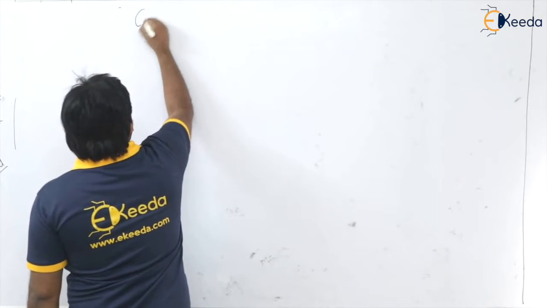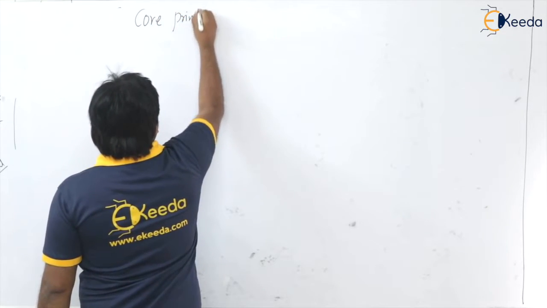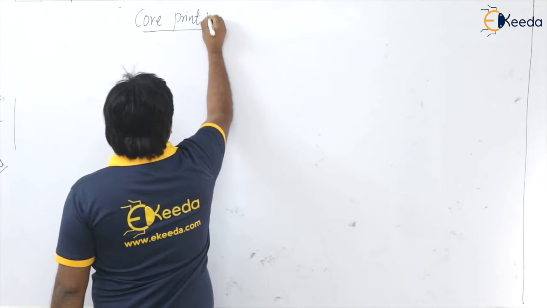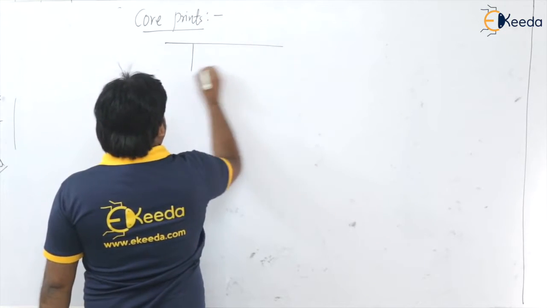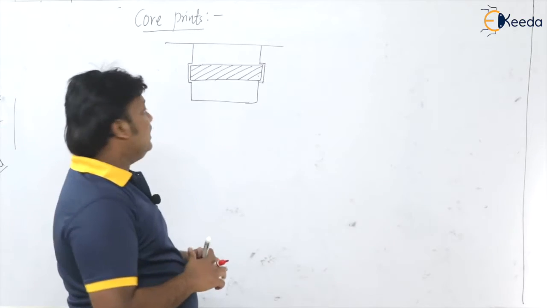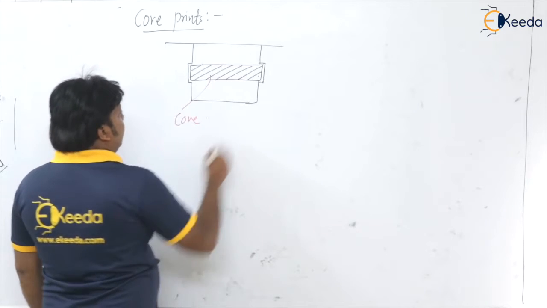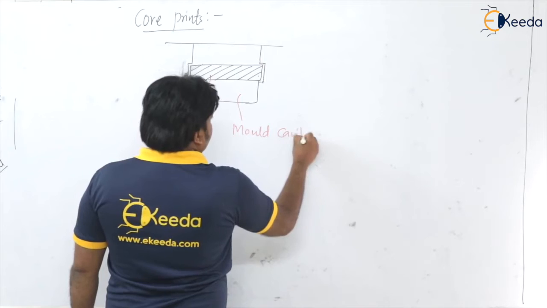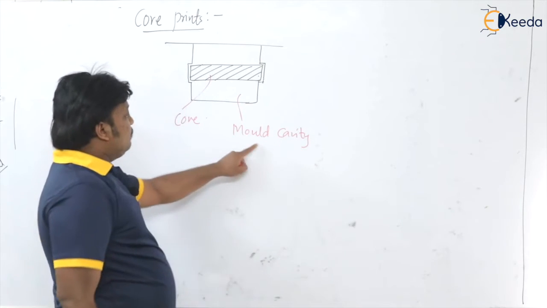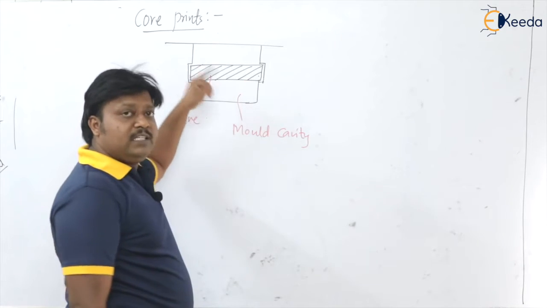Now the next point we are going to see is the core print, or core prints. See, in the diagram I have shown you here, this is our core, and this is our mold cavity. Within this mold cavity we have placed our core, but see where the core is placed.